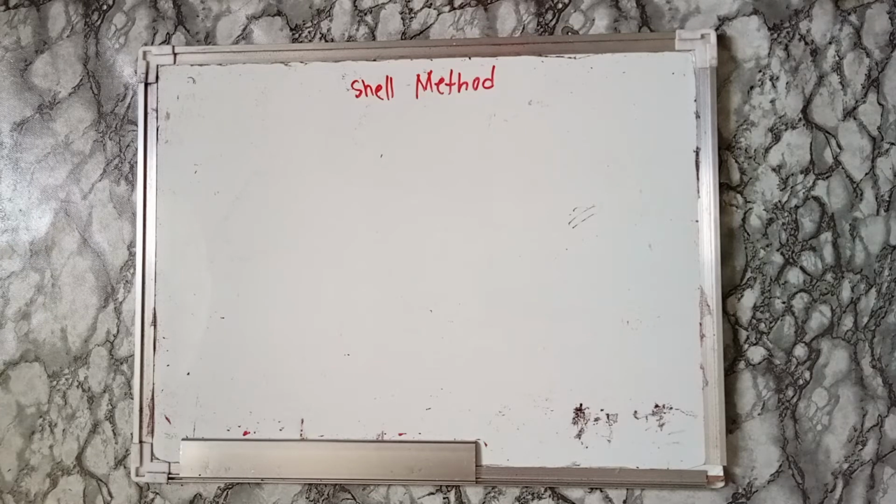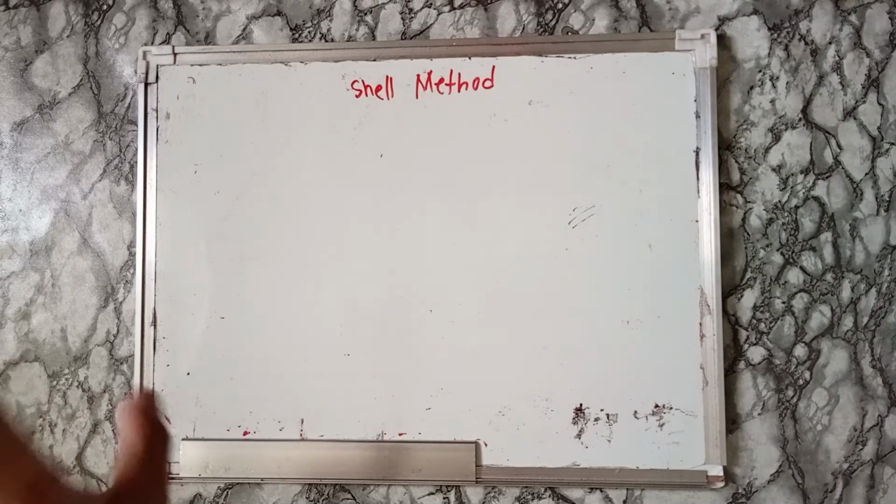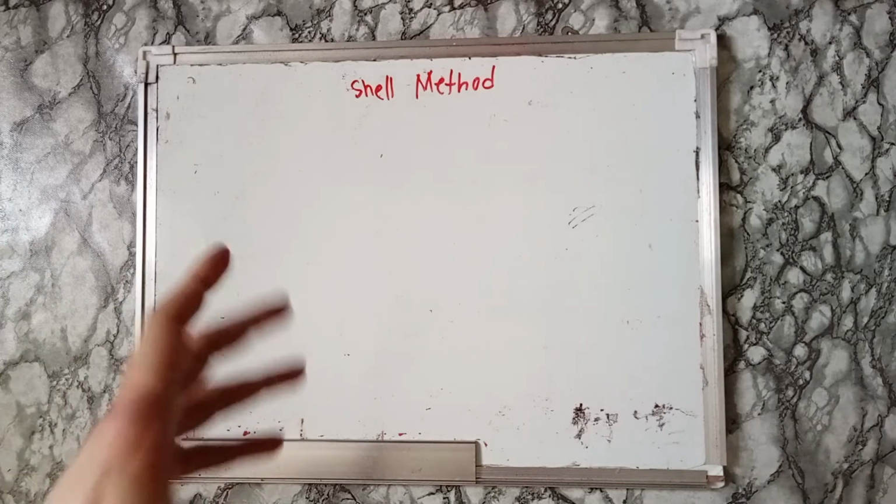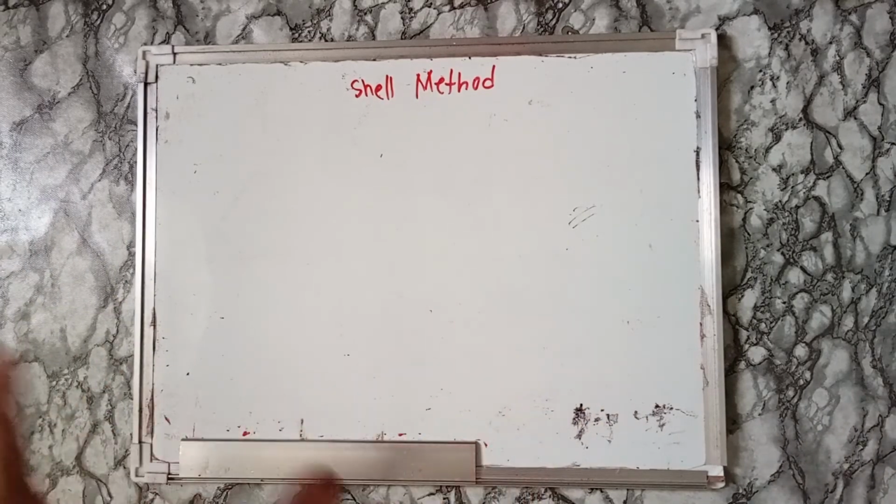In the other method, the strip is perpendicular to our area of rotation, right? Now in shell method, area of rotation is parallel to our strip. Now let me discuss the concept of shell method.